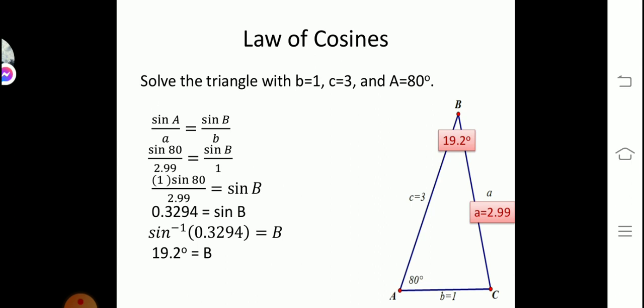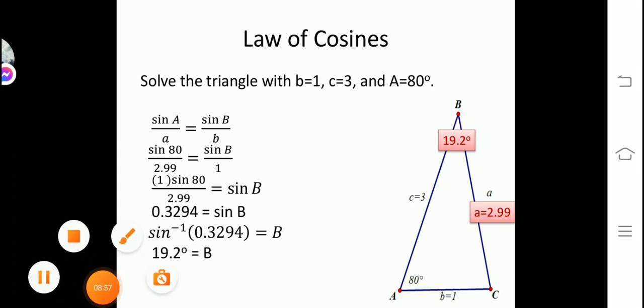So sin 80 over 2.99 equals sin B over 1. So 1 times sin 80 over 2.99 equals sin B. So 0.3294 equals sin B. So sin inverse of 0.3294 equals B. So the answer is B equals 19.2 degrees.